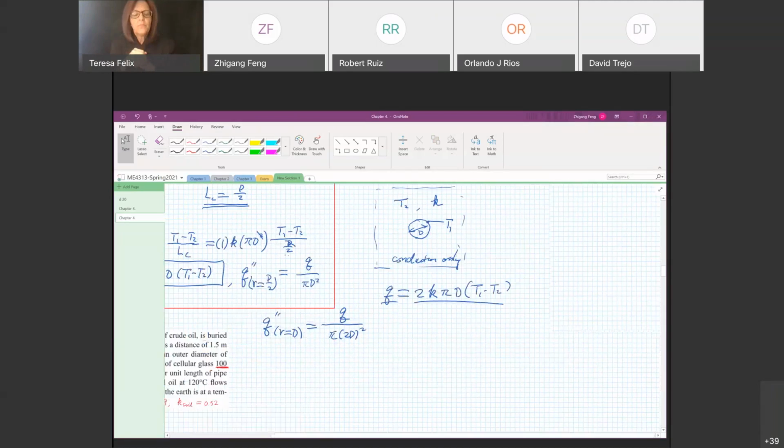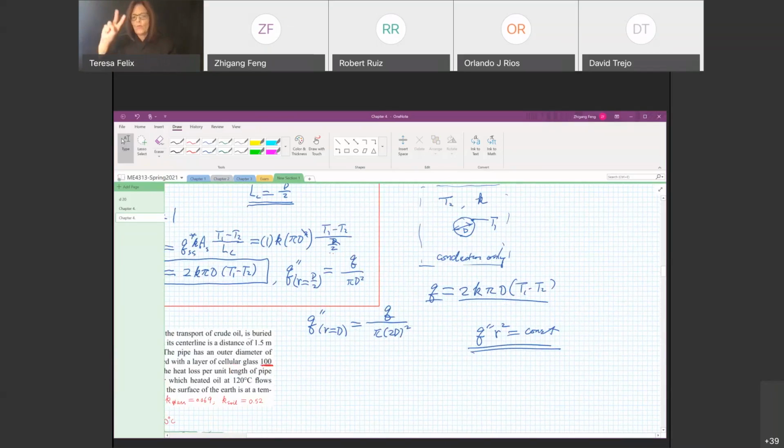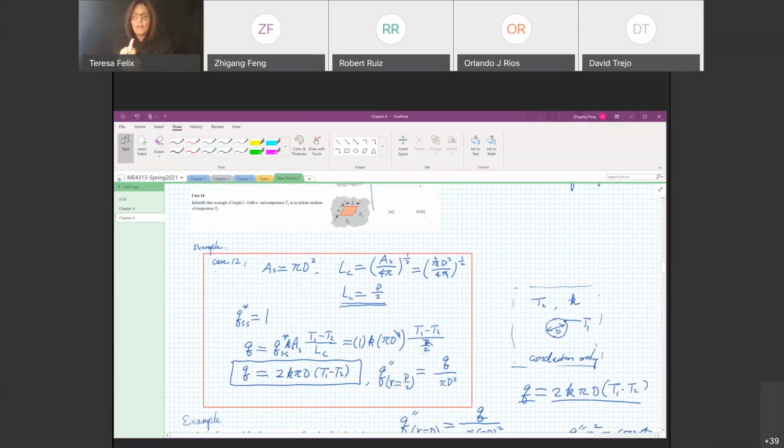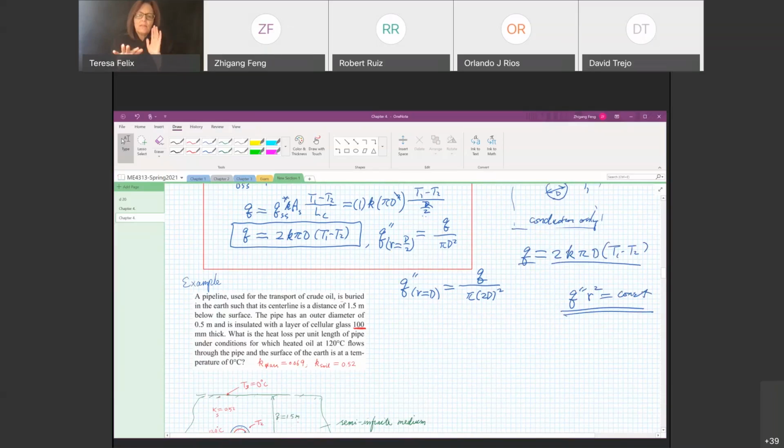But remember, in exam 1, one of the multiple choice questions asks you to find the relationship between Q prime and the radius. So Q prime multiplied by r squared is equal to a constant. So Q prime is inversely proportional to r squared. So this also applies to case 12. So this is about the dimensionless heat transfer rate, Q double prime.